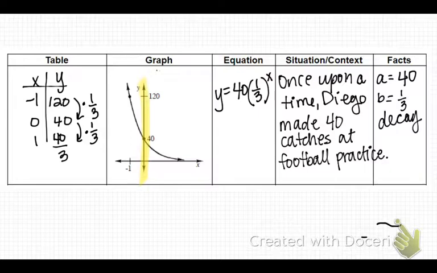So the way we would write that in our situational context is we might say something like, once upon a time, Diego made 40 catches at football practice. Now, what is our timing? How frequently is this happening? Every day, every month, every week? Every hour. Okay, every hour.